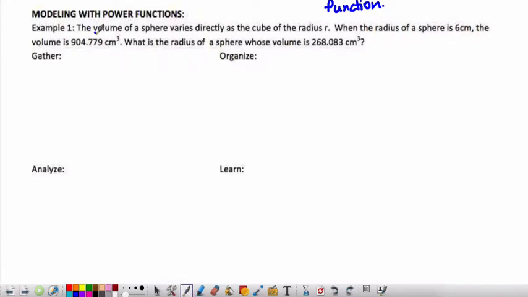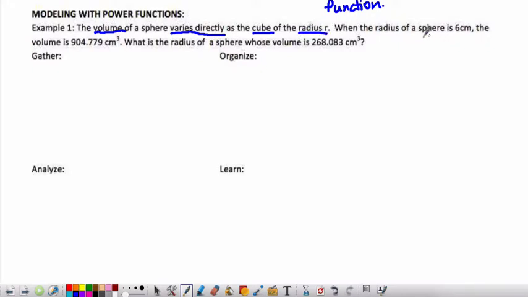So we see the volume of a sphere varies directly. That's going to be important because, as we saw above, that means we have a positive power. As the cube, well, they're not talking about the shape cube here. They're actually talking about the cube as in the power of 3. So the volume of a sphere varies directly as the cube of the radius r.